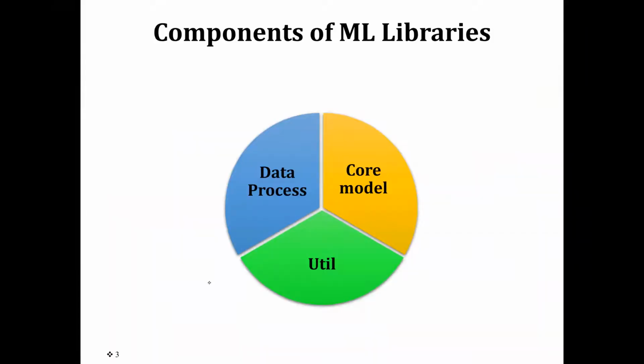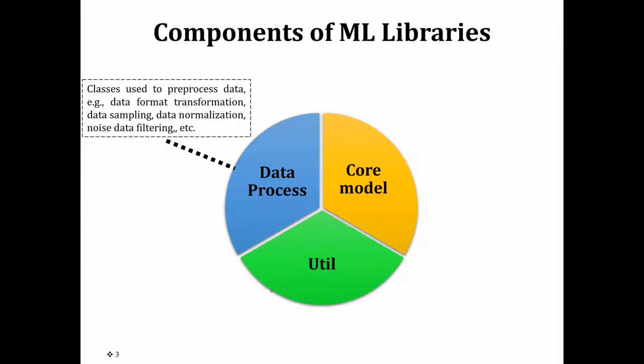Different from general software projects, machine learning libraries can usually be decomposed into three components: data process, core model, and util. Specifically, data process usually contains the classes that are used to pre-process data, for example data format transformation, data sampling, data normalization, and noise data filter.